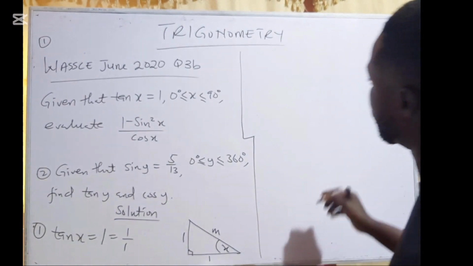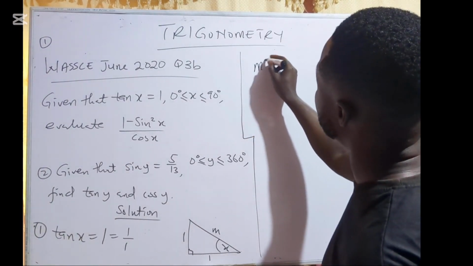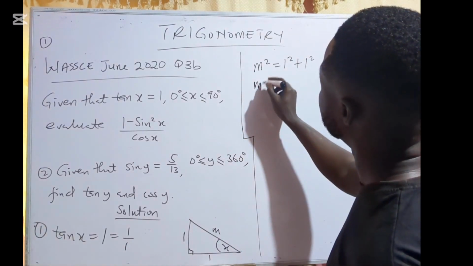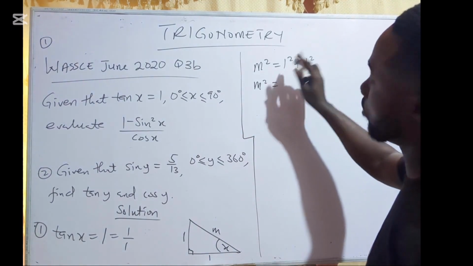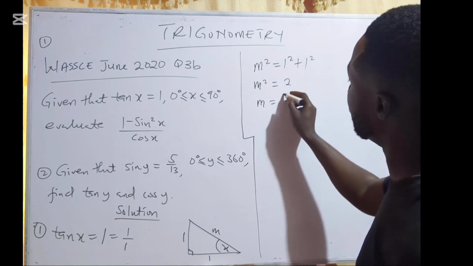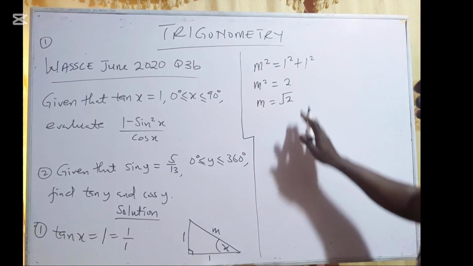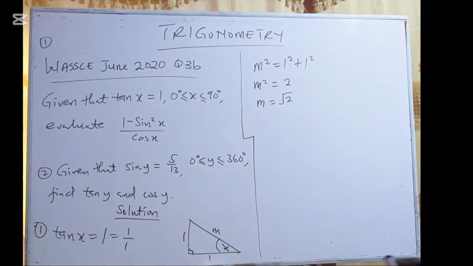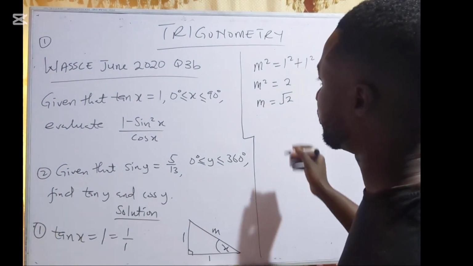From the diagram, m squared is equal to 1 squared plus 1 squared, which gives me 2. So m will be equal to square root of 2. Don't write it as a decimal, just maintain it like this. So my m here is square root of 2.